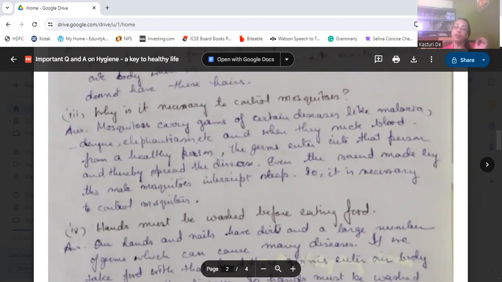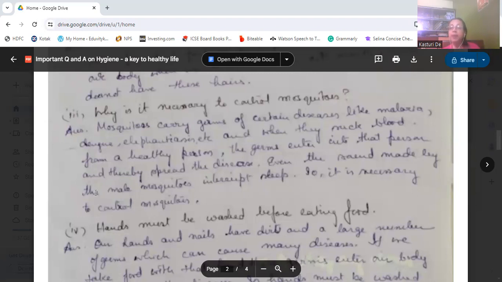And what do they do when they're piercing it? They release some liquid so that the blood which they will suck doesn't clot. So at that time, when they're releasing that liquid, the germs inside the mosquito's body enter into the healthy person, thereby affecting the person's health, and the healthy person gets that disease.